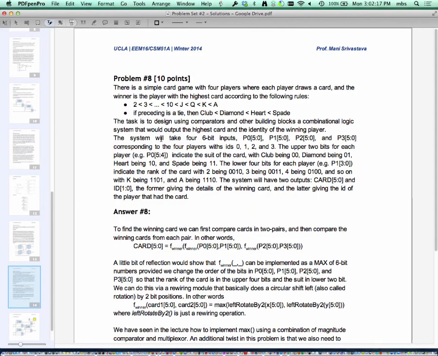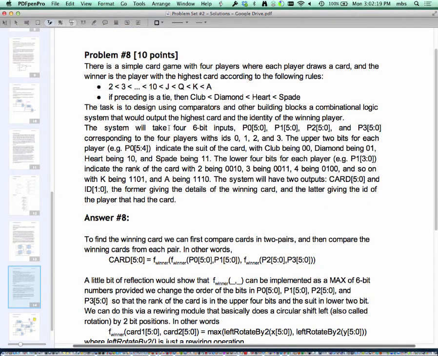So the homework problem was the following: I'm designing a system for a card game. I have 4 players. Each one draws a card. That card is represented as a 6-bit number, in which the suit of the card, whether it's club, heart, spade, whatever, is indicated by the upper 2 bits.